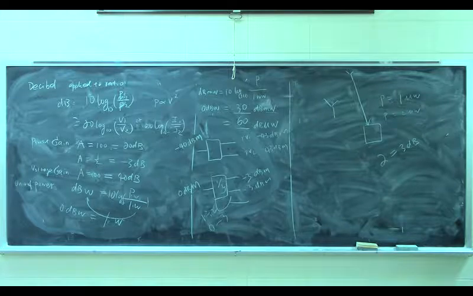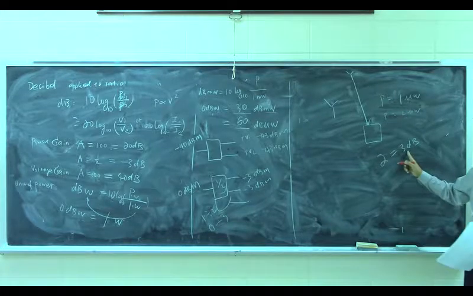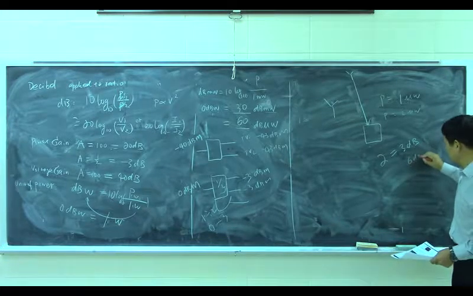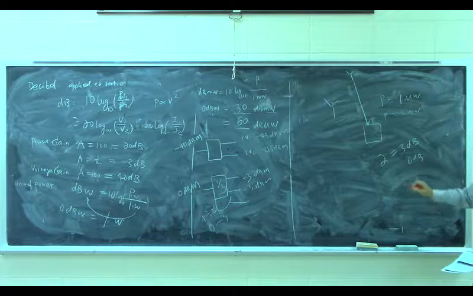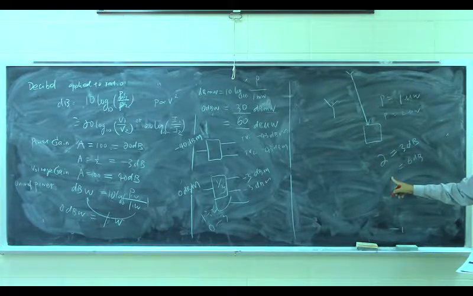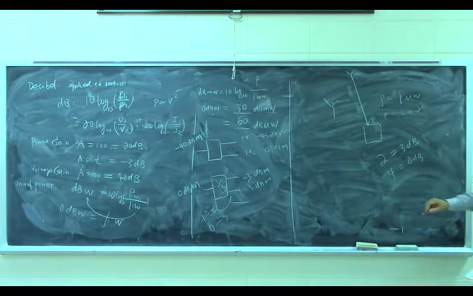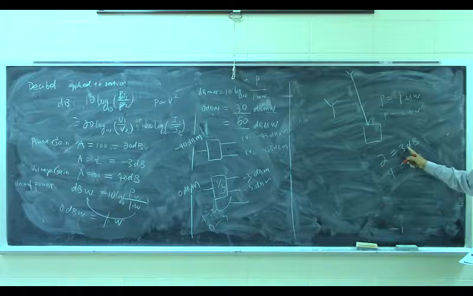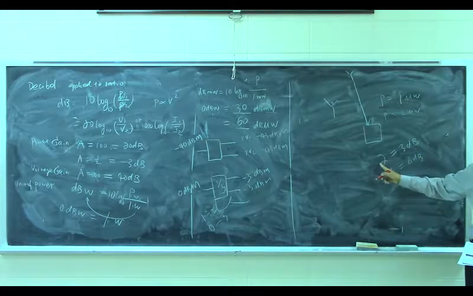So if your gain equals 3 dB, it means you double the signal. If your gain equals 6 dB, how many times? 4 times. You add another 3 dB, you multiply by another 2.